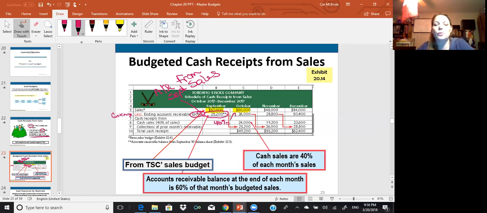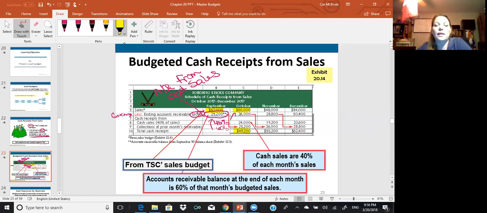So we're going to collect $24,000 from the October sales of 60,000. We're also going to collect what's left over from the September sales, the 60% of last month's sales. So we're going to collect the $24,000 from this month and the $25,200 from last month, which means that we expect to collect $49,200.